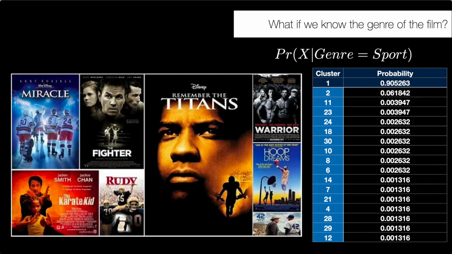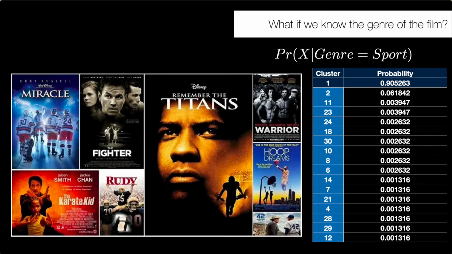Looking at all the different movies that have the genre sport, what's the probability of them ending up in different clusters? And again, we see that cluster 1 is the most probable cluster for a sports movie, but we've seen a pretty substantial drop in the probability, going from about 97% to about 91%.